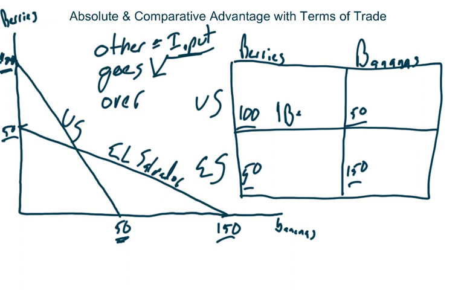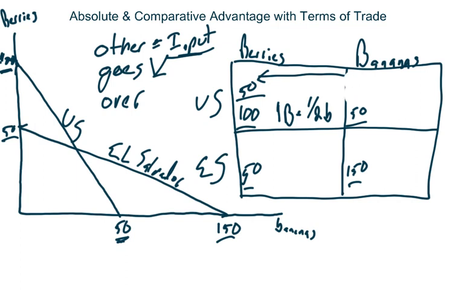If we're producing nothing but berries, we can produce 100 of them. That's why I wrote 100 there. So when they choose to produce one berry, how many bananas do they give up? Well, we bring this number over here. It's going to be 50 over 100, and that equals 1/2 a banana.